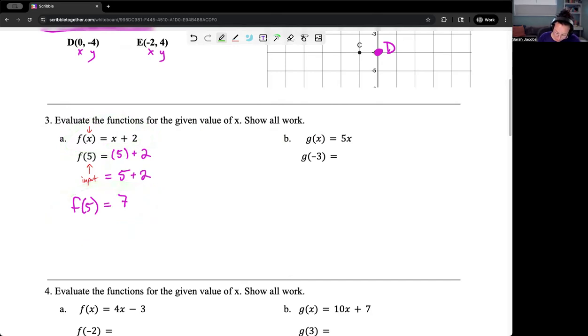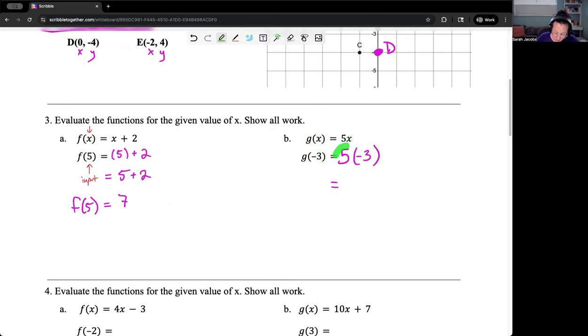Great. Same thing. This -3 is our input. I'm going to rewrite the function and put parentheses where the x was. Now I know that my input is -3. So I'm going to put that inside the parentheses. Whatever replaces the x that was here is what replaces all the other x's in the function.